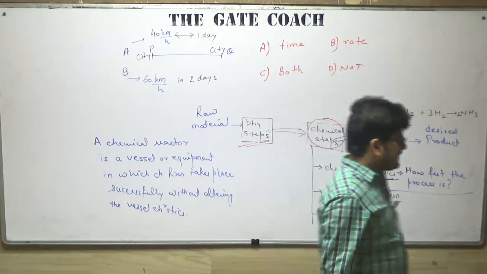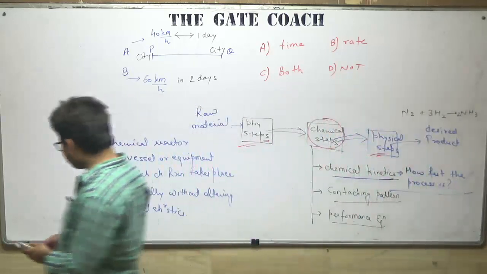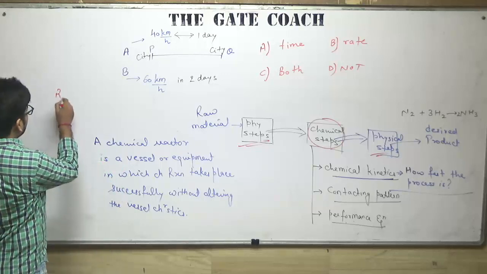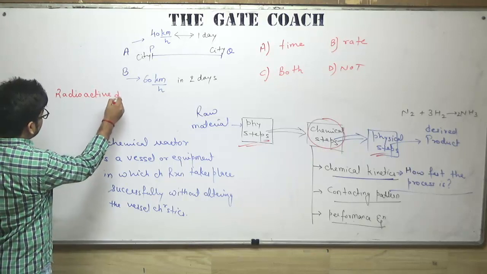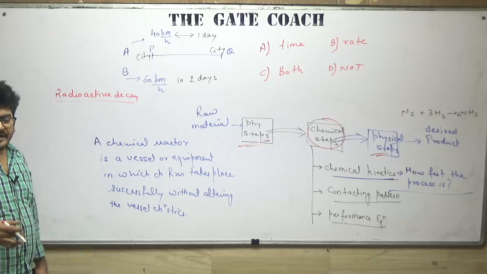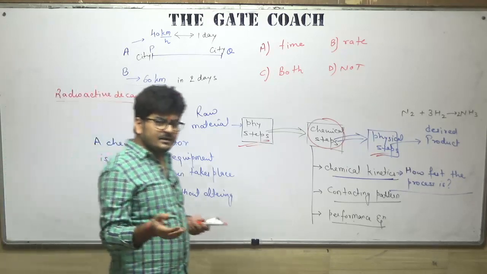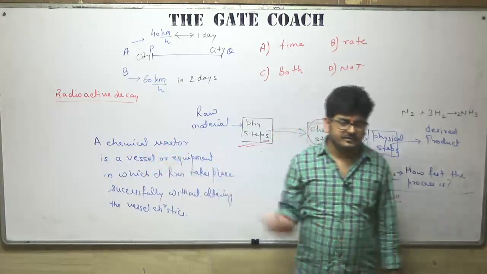Time. Okay. And let me take one more example. Now I hope you will relate. Let me talk about radioactive decay. That is one reaction. We know that in radioactive decay, normally the half-life of the component is in thousands or hundreds of years.